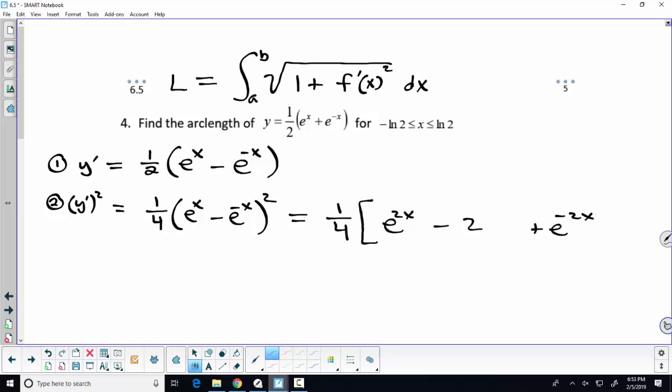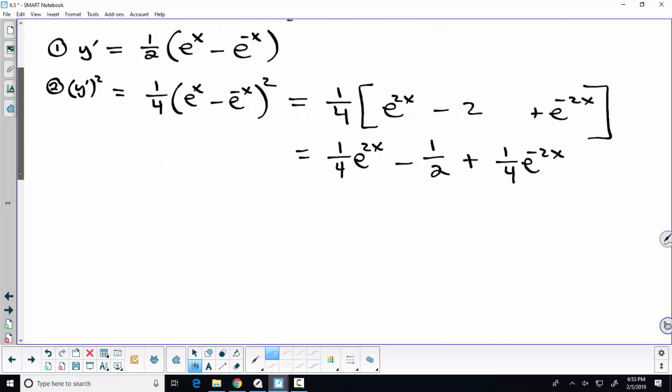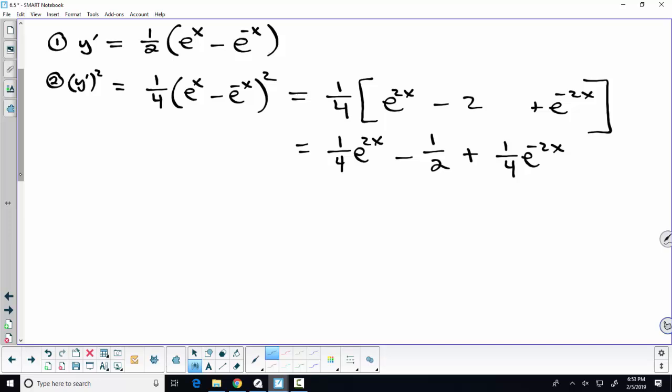Okay, so I'm going to close that off. So we've expanded our binomial, then we'll multiply the 1/4 through. Keeping in mind that all of this stuff right here is this right here, which is this quantity squared. Because now when we add 1, just like in that previous problem, when we added 1 to this, we get a different factorization of it.